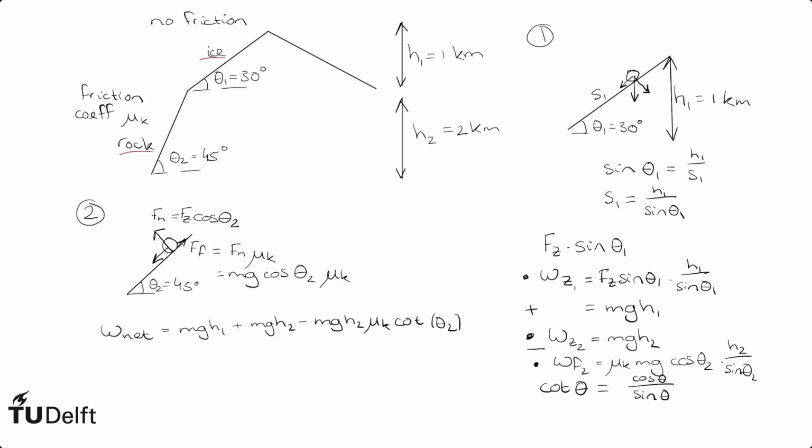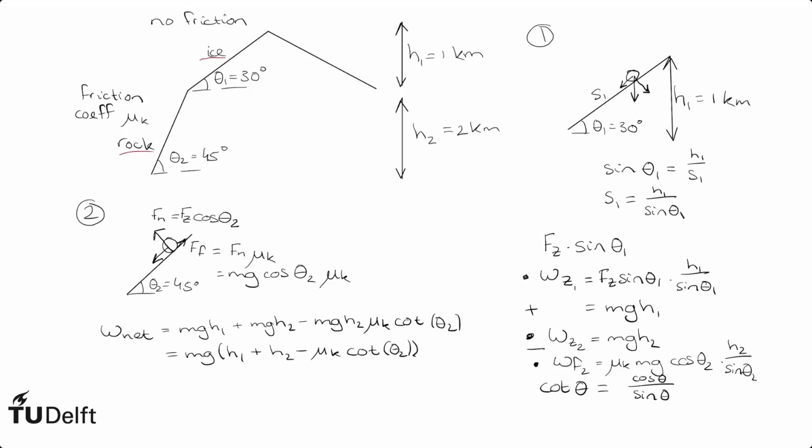And so we can rewrite this by pulling out the mass and the gravitational acceleration, and then we have h1 plus h2 minus h2 times mu k times the cotangent of this angle.